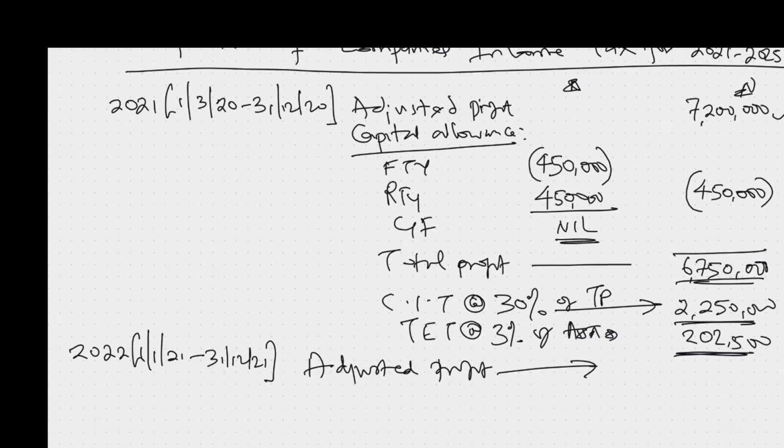I deliberately stopped calculating it because the 2023 Finance Act removed investment allowance. So in order not to confuse my students, I usually do not include it in my computation. Do you understand?